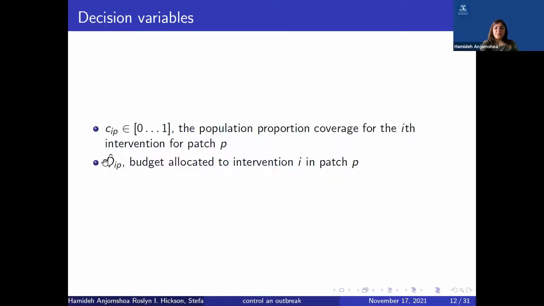And DIP hat is the budget allocated to intervention I in patch P. Mathematically, this is not a major decision variable, and we can calculate it based on the other decision variables.